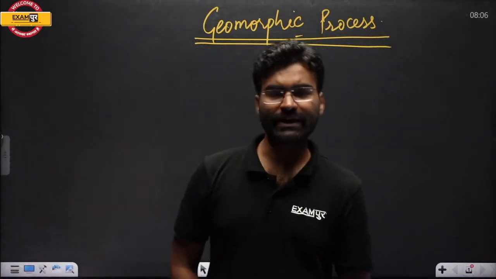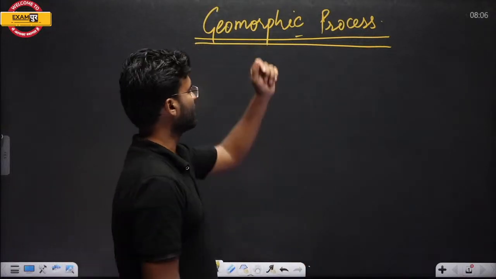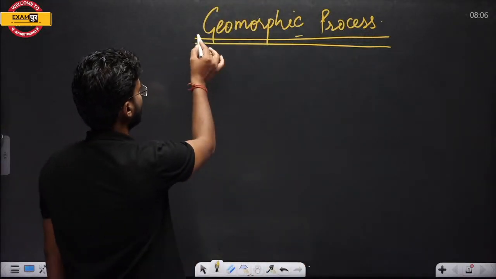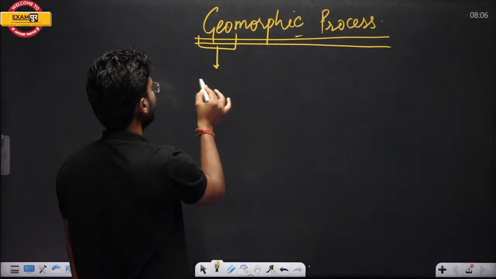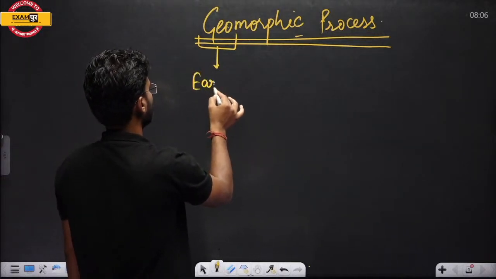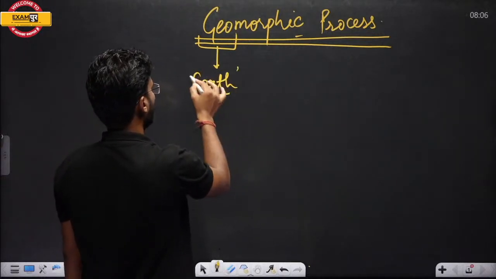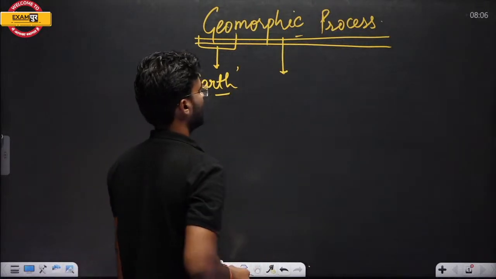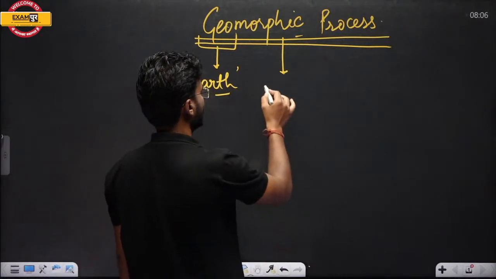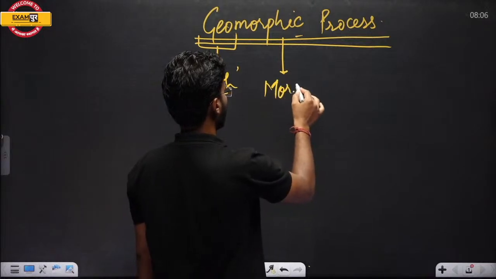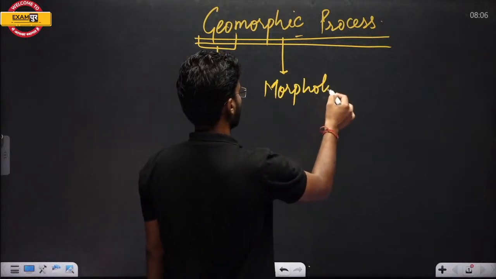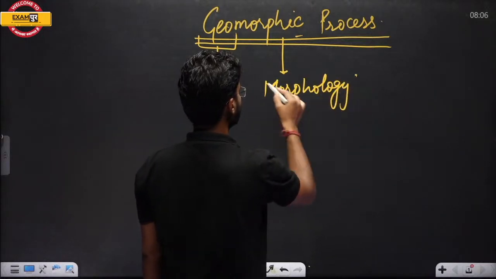So what is the literal meaning of geomorphic process? As you know, geo means the earth, and morphic is related to morphology. What is morphology?